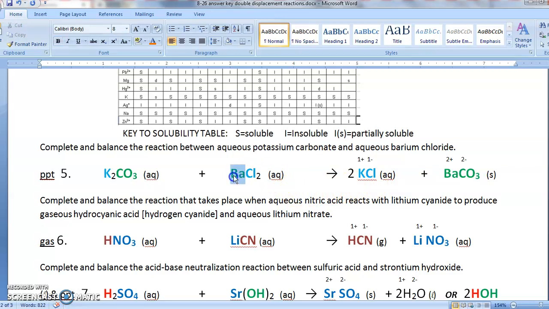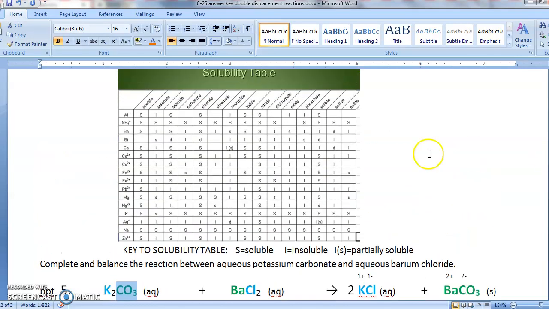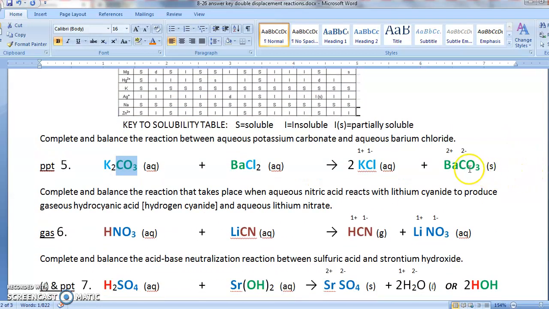Bariums, however, we have barium ions that are going to bump into the carbonate ions. The first thing here bumps into the second thing there. When the barium bumps into the carbonates, here's the barium, here's the carbonates, there's an I on the table, which means it's insoluble. When these two ions bump into each other, they grab on and water cannot pull them back apart. The bariums are 2 plus, the carbonates are 2 minus.